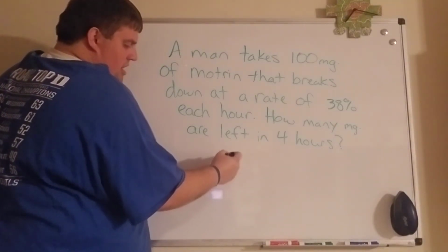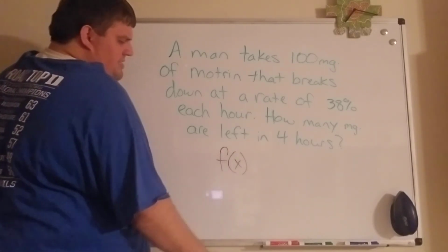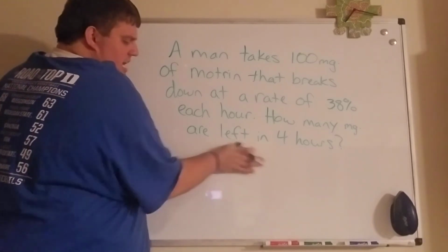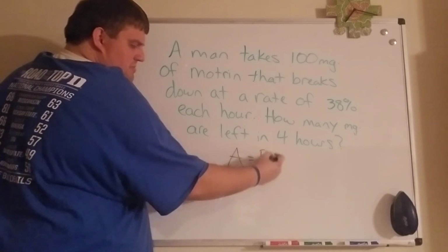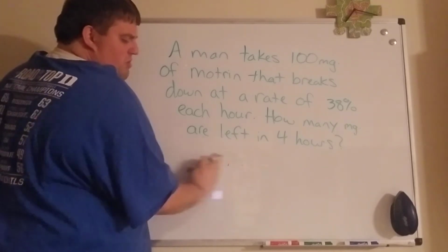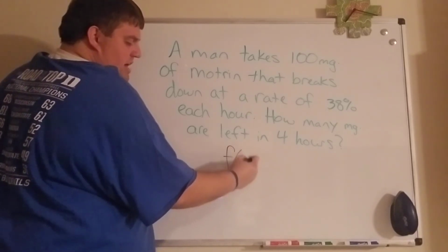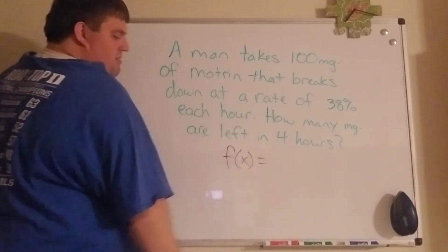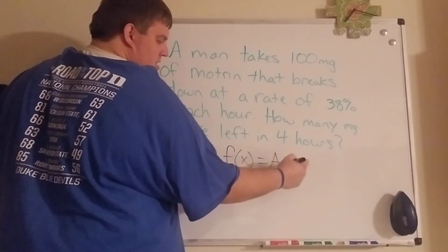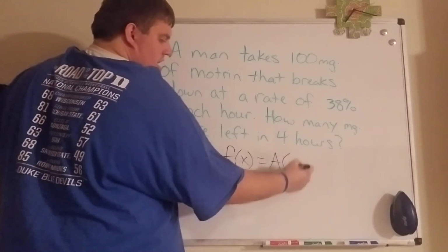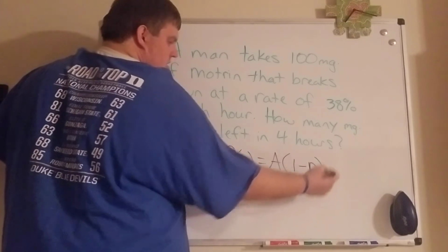our f of x here, maybe I should write it this way: amount, just like you did here, and this could be principal still. Those are usually just words that we use in banking, but it's still the same idea. So I'm going to write f of x equals A times the quantity 1 minus r to the t.